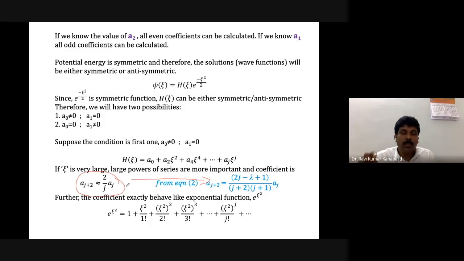You can then evaluate a general expression, that is a recursion relation, to obtain the coefficient of any term in the power series. If you do the exercise, you will get a general relation for the coefficient of any term in the infinite power series of the exponential function, that is e to the power z square.